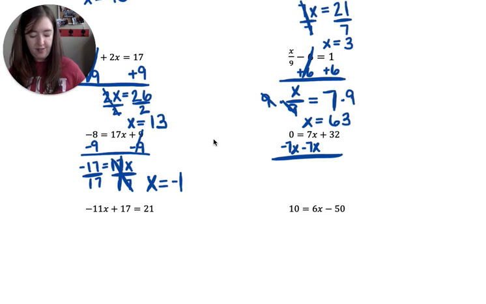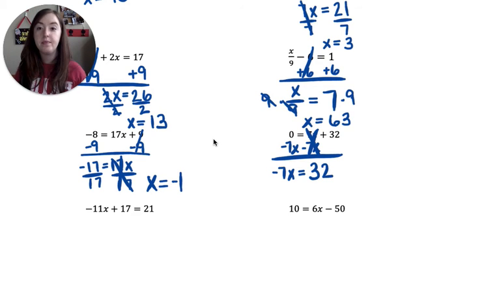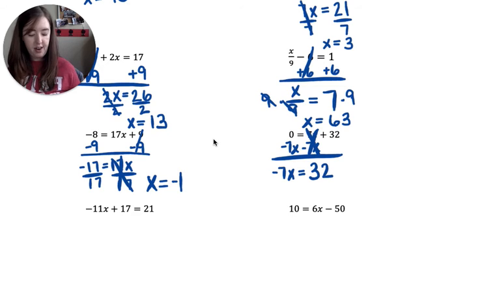0 minus 7x is negative 7x. 7x minus 7x is 0, and then I had plus 32, so that's 32. Now negative 7 times x, or negative 7x, means they're being multiplied, right? So to undo that multiplication, I will divide by negative 7 on both sides.